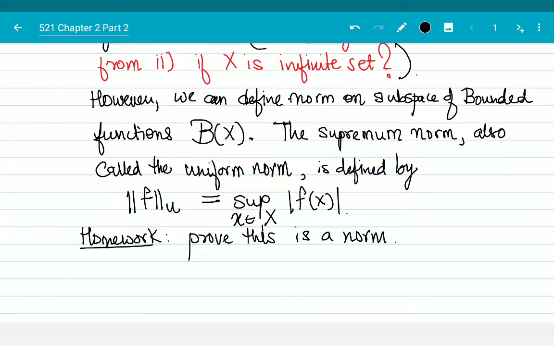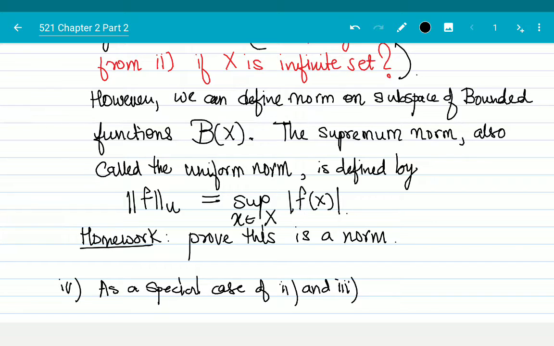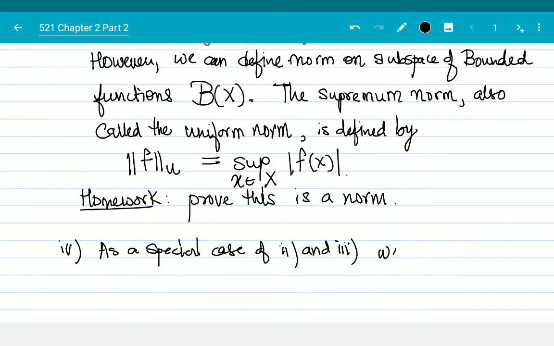And for it, as a special case of 2 and 3, we can define a uniform norm on Rn.